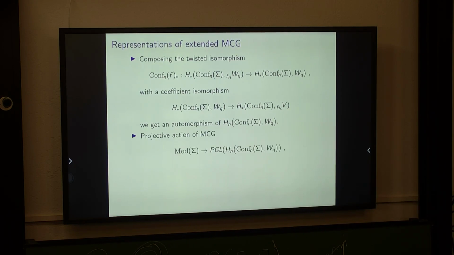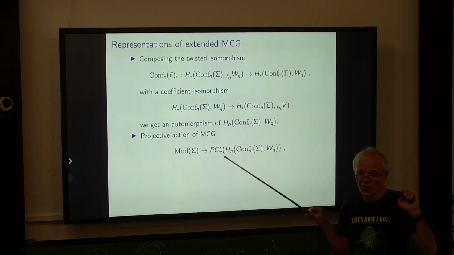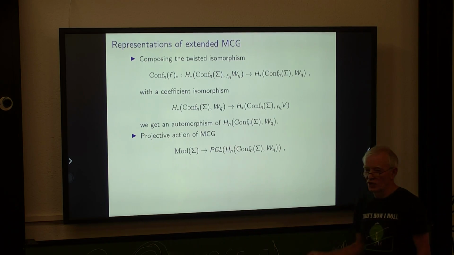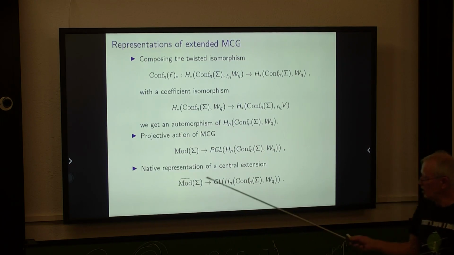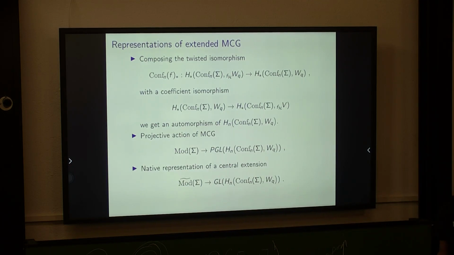And because of the S1 ambiguity, it will not give you a completely native action of the modular group, but just a projective action. But we are fine with this. This is usual in TQFT. A projective action is an action of a central extension, and this is easy to understand. So we get a native representation of a central extension. We are able to identify the cocycle of the extension, so the class.